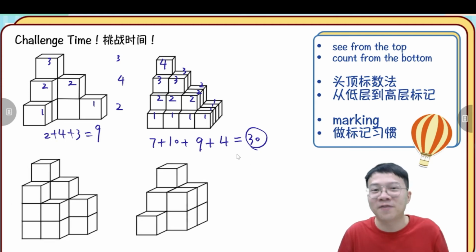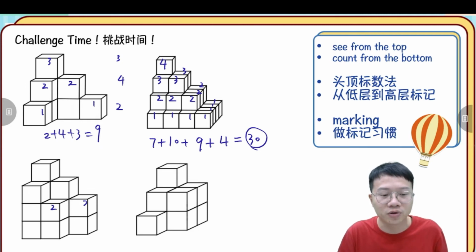Okay, let's do it very quickly. So here we have none on the first floor, but we have 2, 2, 4 on the second floor, and then the third floor, 3, and then here we have 3, so here we have 6. And the 4th floor, here we have 1. Okay, so here we have 4, which is 14 here.